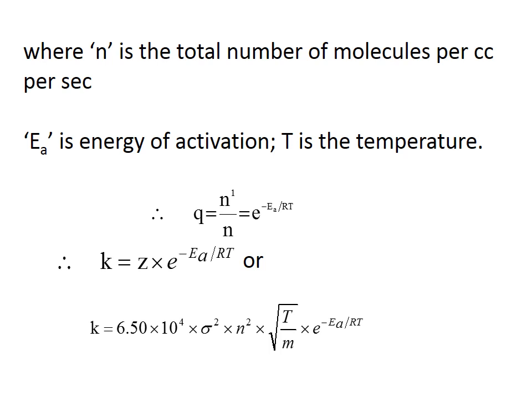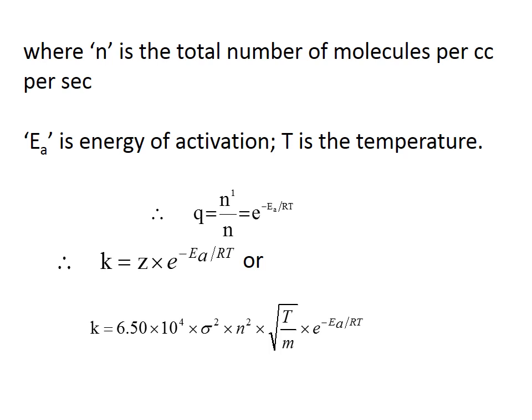Therefore Q is equal to N dash by N, that is e power of minus EA by RT. Substituting the value of Q, the rate constant K will be equal to Z into e power of minus EA by RT, and we have already calculated the value of Z.